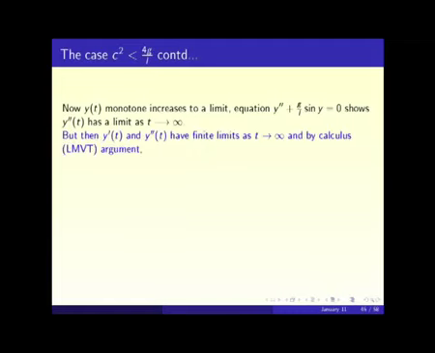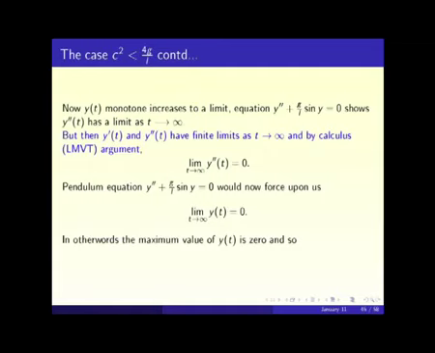But the calculus lemma now must tell us that y double prime must necessarily go to 0, and therefore the pendulum equation will again give us that the limit of y of t must be 0, which means that alpha must be 0. But then that means the pendulum is stationary, it is not swinging at all, and that's a contradiction.